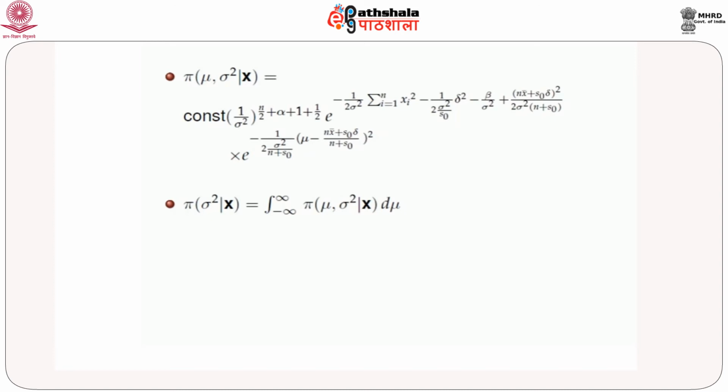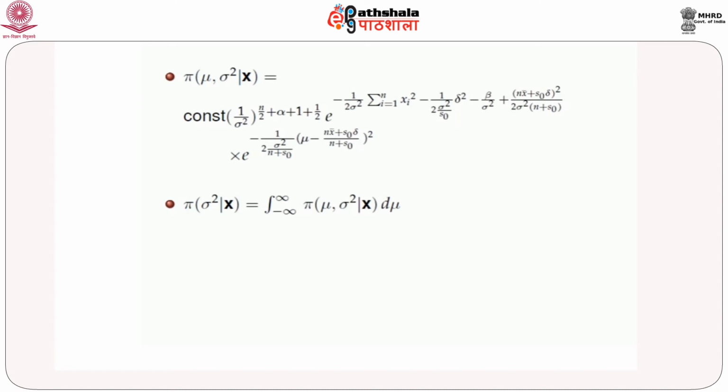So, to obtain the posterior distribution of sigma square given the data, we basically integrate out mu from the posterior distribution of mu and sigma square given the data. So, we have that the posterior distribution of sigma square given the data is the integral over the posterior distribution of mu and sigma square given the data over mu over the entire real line.